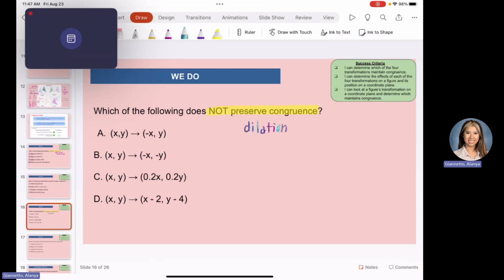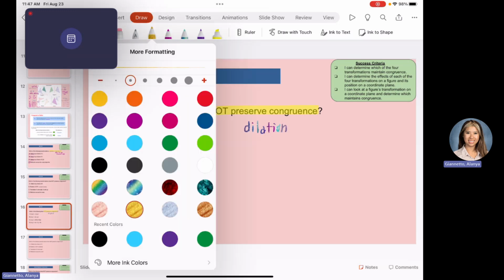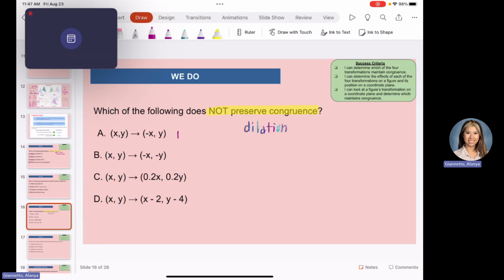If I remember correctly, since the x is in the same position but it's negative, we know that this one is a reflection. Then for B, we have x comma y to negative x comma negative y. Because both the x and the y are negative, I know that this is a rotation of 180 degrees.